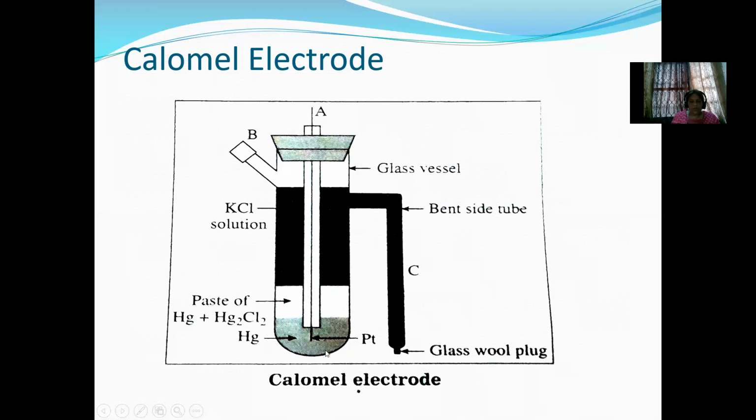First of all, we have to pour some pure mercury at the bottom of this glass tube. You can see mercury placed at the bottom, and above this mercury layer, we have to put another layer of calomel and mercury paste.